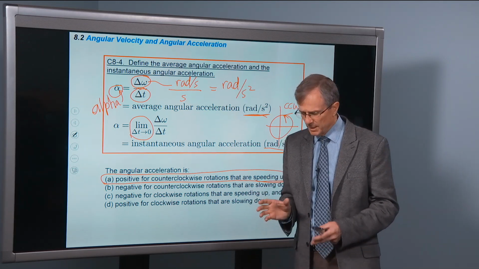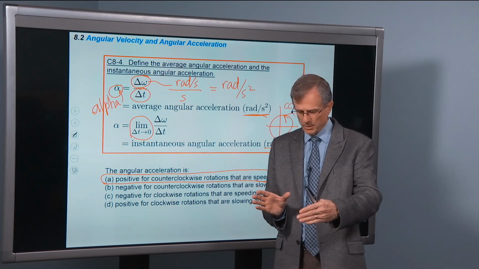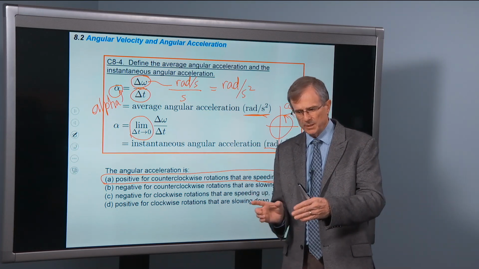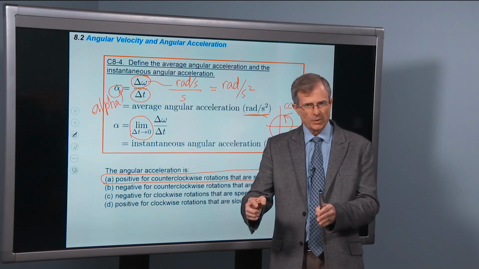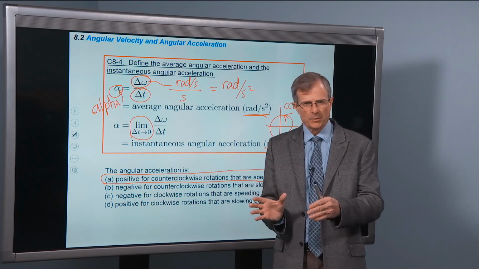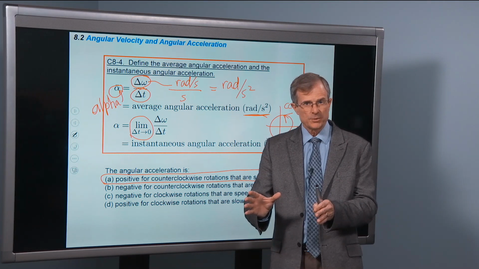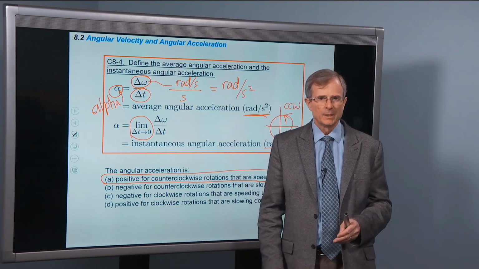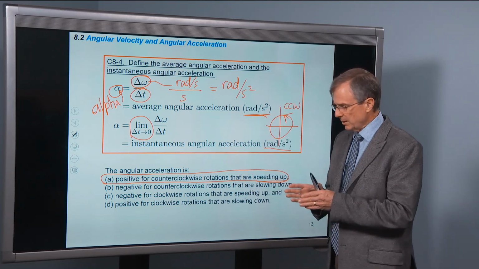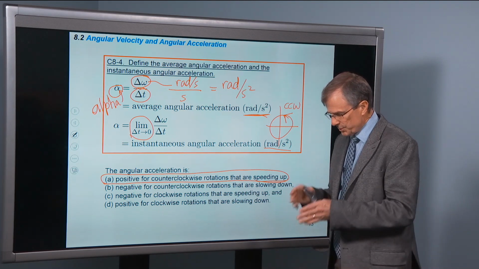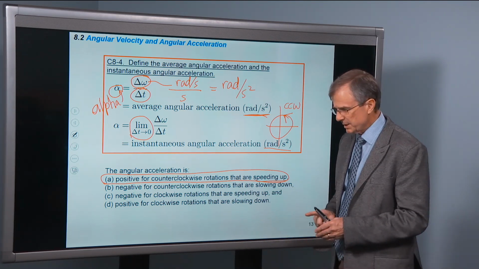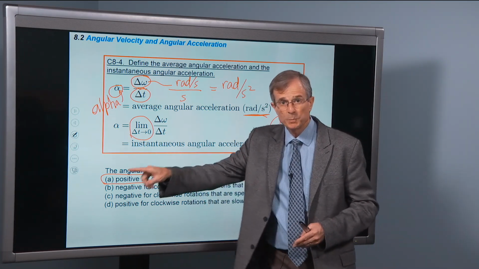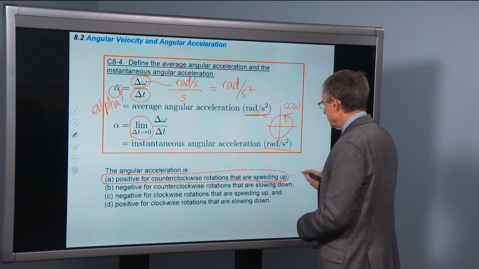So in thinking about how the acceleration works, the angular acceleration, how the angular velocity changes, is in the same direction as the angular velocity. That means it's going to speed up. The same thing that happened with a car on a road. You're stopped at a stoplight, you push on the accelerator, your velocity is in that direction, your acceleration is in the same direction. That means you're going to speed up. That's this case here.